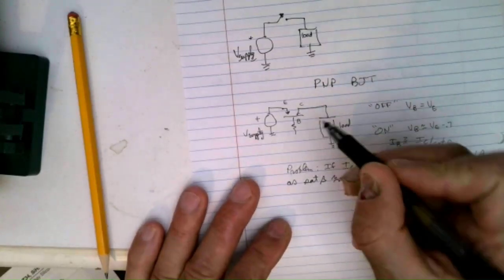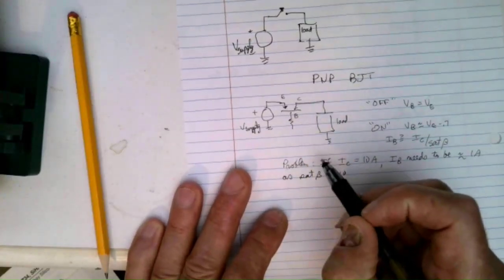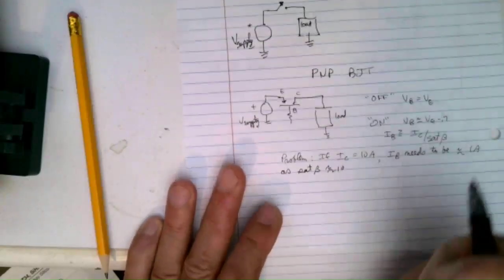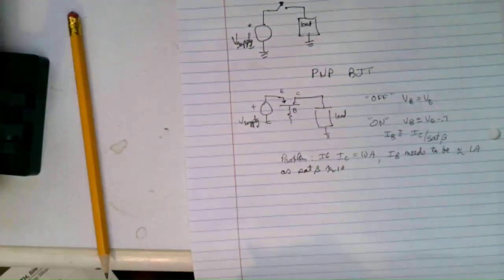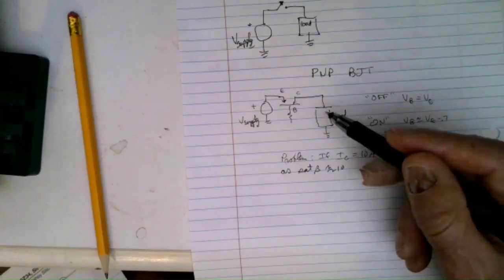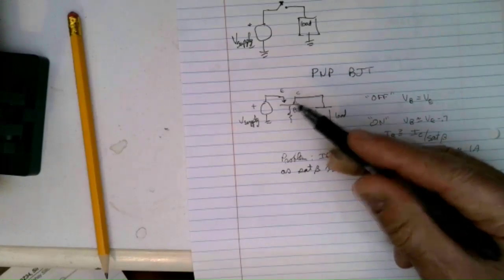So that is the issue with the PNP BJT, and I think they make okay switches for low power stuff, but if you need 50 milliamps or something like that, if your load is 50 milliamps, if you want to turn on an LED or something, or string LEDs, you can do this.